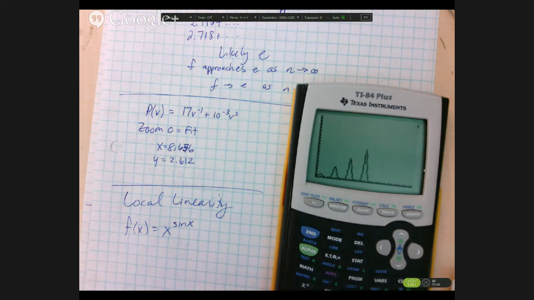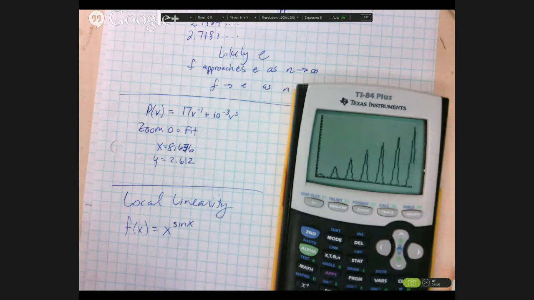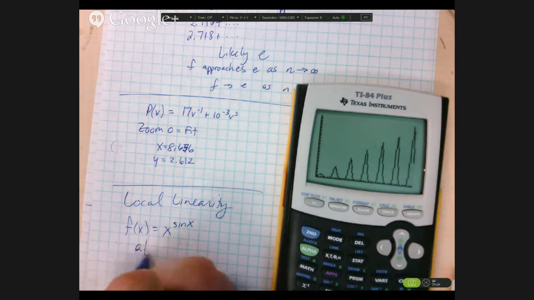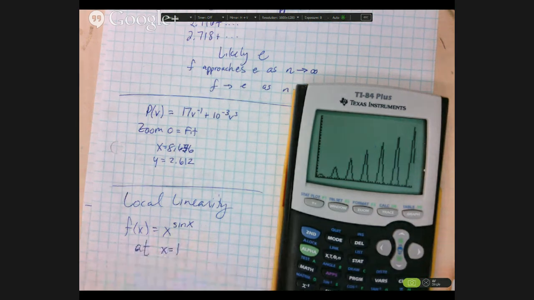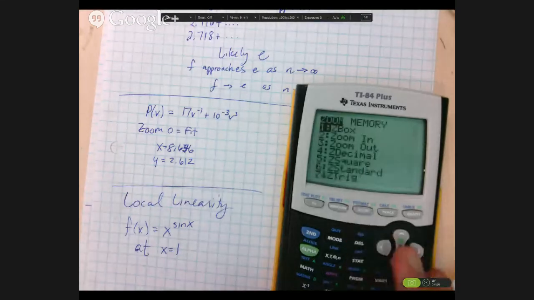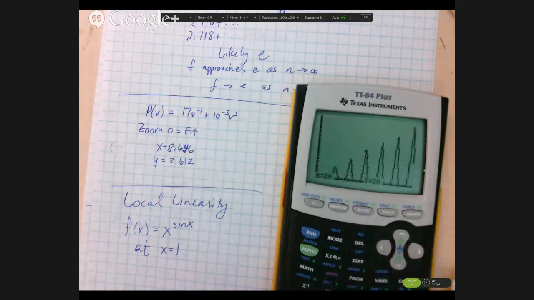Oh man, that looks like a sickening roller coaster ride to me. Okay, we're gonna focus in at x equals 1.